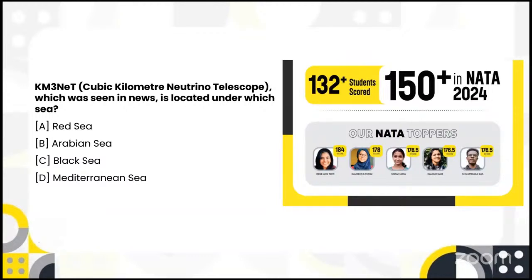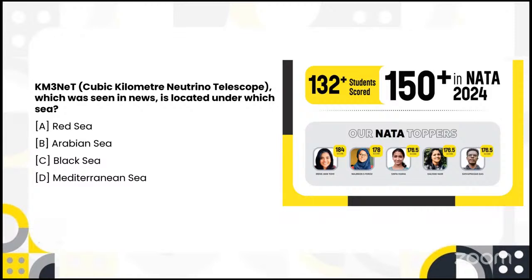KM3NeT, which was in the news, is located under which sea? Red Sea, Arabian Sea, Black Sea, Mediterranean Sea. So what is this KM3NeT? Cubic Kilometre Neutrino Telescope.